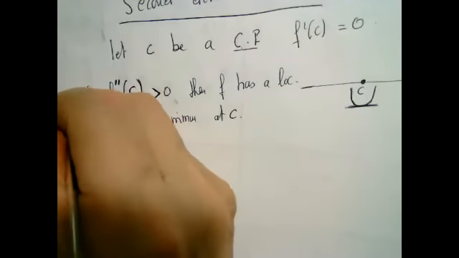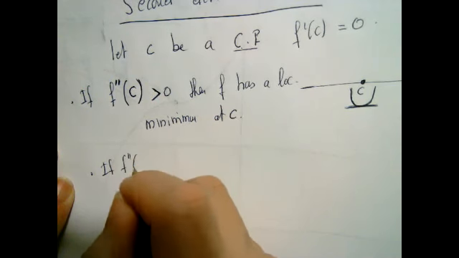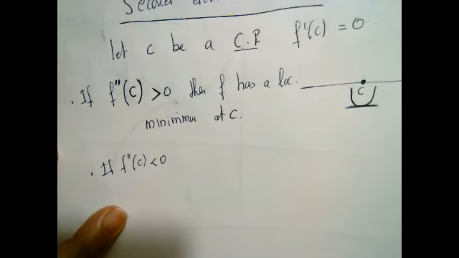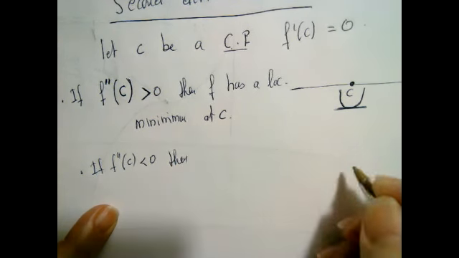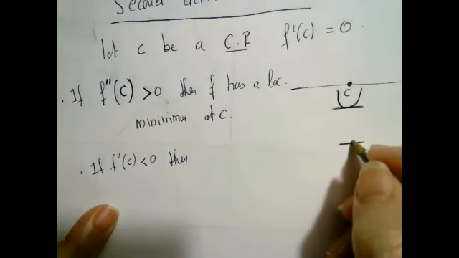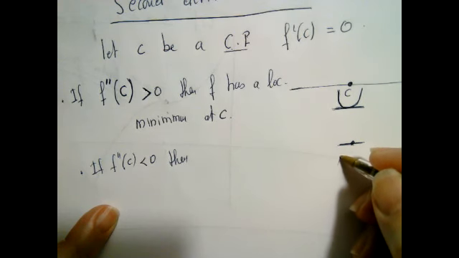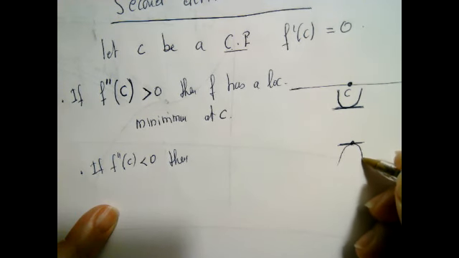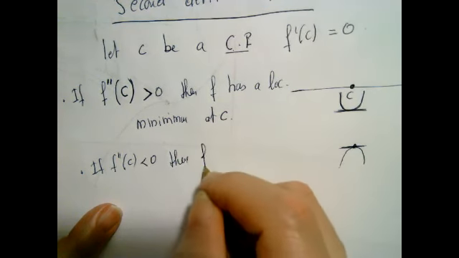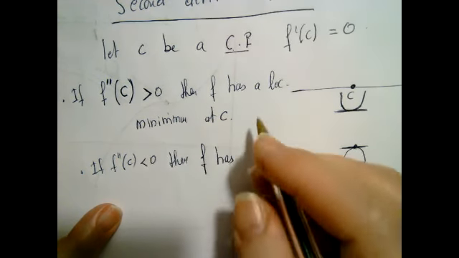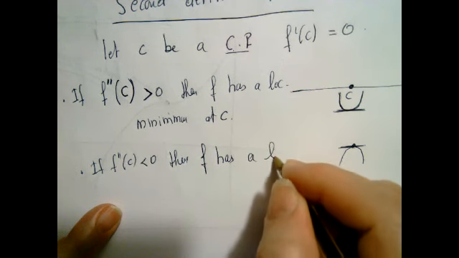Now, if the second derivative is negative, then again, right here, we have a horizontal tangent, and if it's negative, it means it's concave down right there. Then f has a local min. Sorry, a local max.